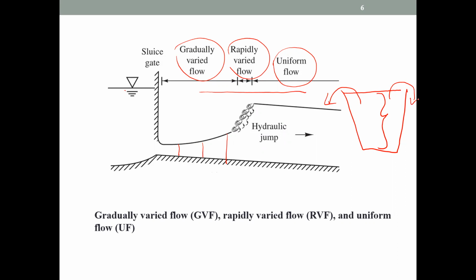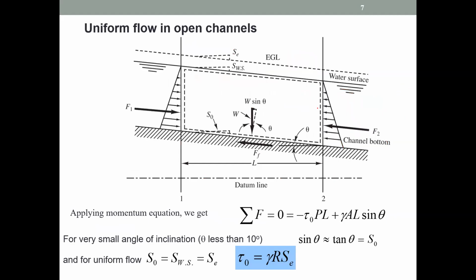When the flow becomes rapidly varying, or what we call the hydraulic jump, how does the water depth change? When the flow becomes uniform, then again, what is the water depth? These are the different states that we are going to simulate by using different equations. Okay. Right. So we will start with the uniform flow in open channel.